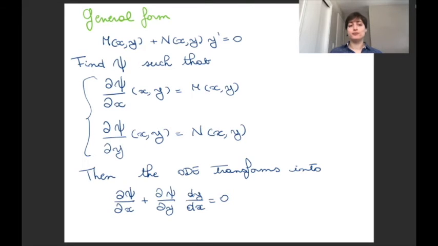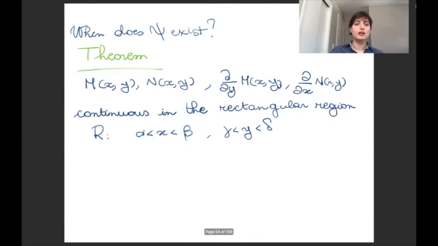And if we can find a psi such that M is the derivative of psi with respect to x, and N is the derivative of psi with respect to y, then we can rewrite the ODE into the format we saw before, d psi dx plus d psi dy times dy dx equal to 0, and that is solved by psi computed at x, phi(x) equal to c all the time.